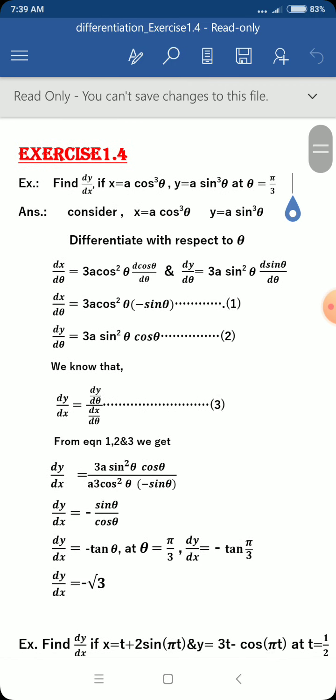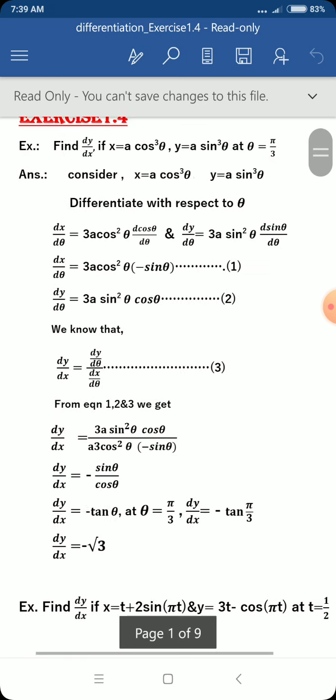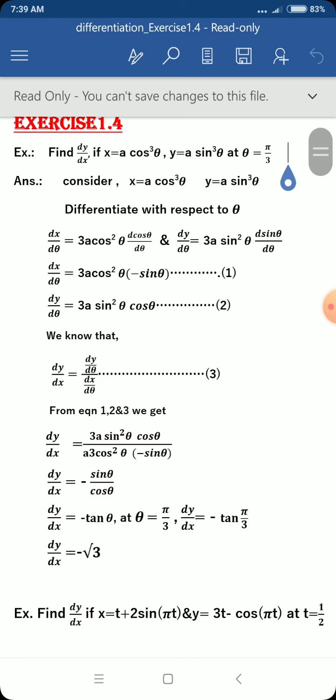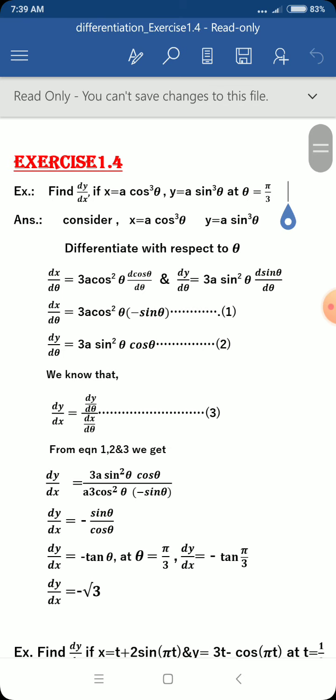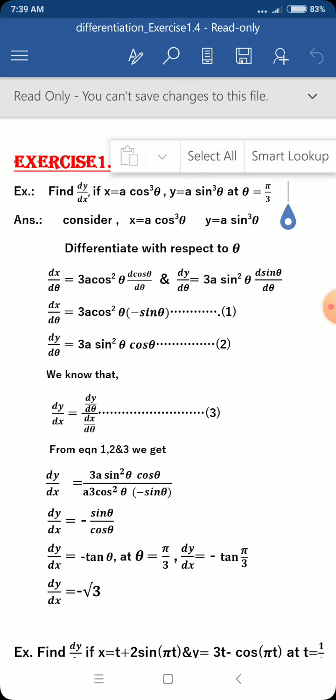Now the first example is: find dy by dx if x is equal to a cos cube theta and y is equal to a into sin cube theta at theta equal to pi upon 3. Now the answer for this example.